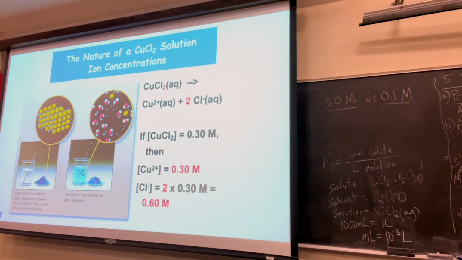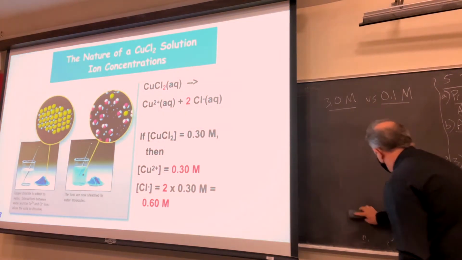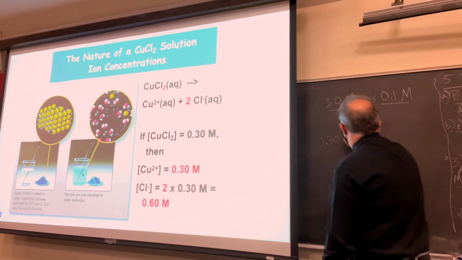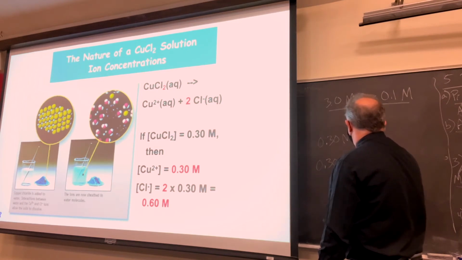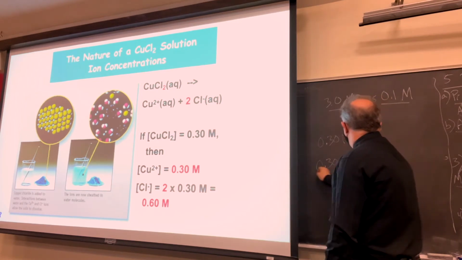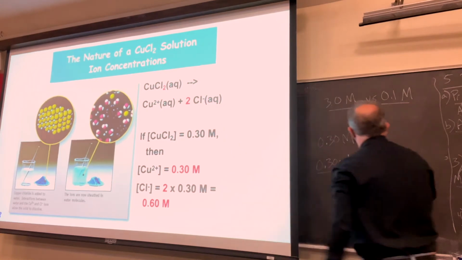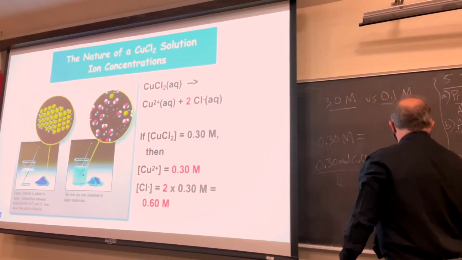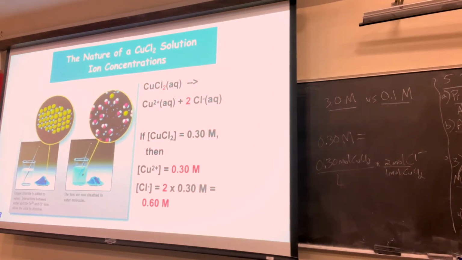So here's another way to think about this. If you have 0.30 M, that means in this case 0.30 moles CuCl2 per liter. All right, remember big M just means moles per liter. And the balanced reaction here says that for every 1 mole CuCl2, you'll have 2 moles Cl minus.